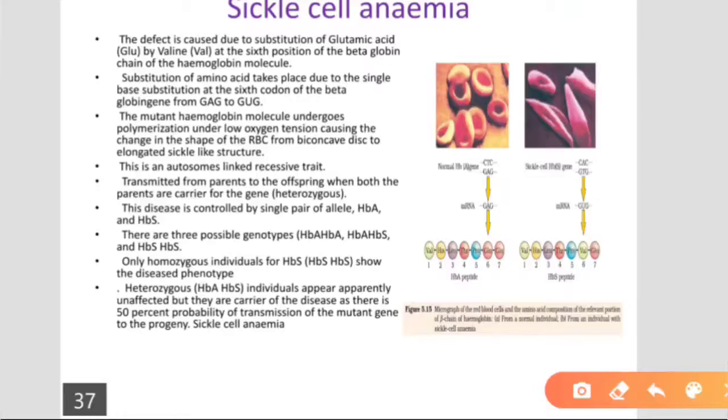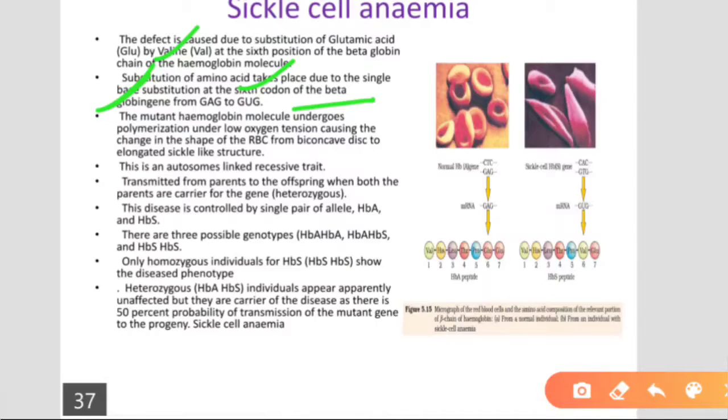Glutamic acid is substituted by valine by a mutational change. Substitution of the amino acid takes place due to a single base substitution at the 6th codon of the beta globin protein, right? GAG to GUG, these are codons.